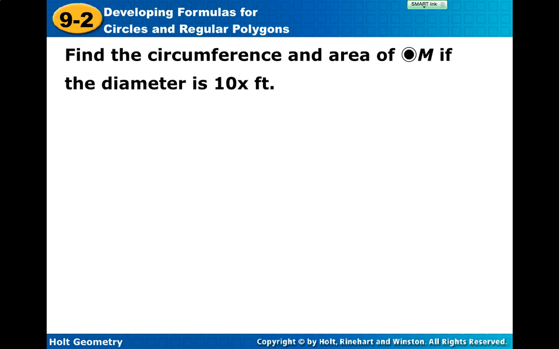That's half of that. This one does not say to go to the nearest tenth, so that would imply keeping it in terms of pi. So you really don't have to do a lot of calculation.